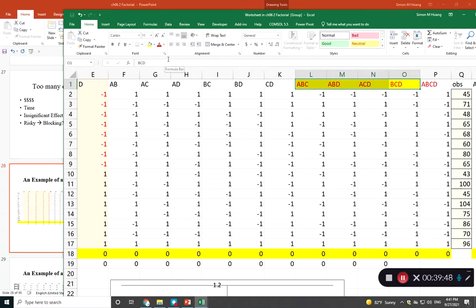Okay, so how many 2-way interactions for 4 factors? C(4,2) is 4 factorial divided by 2 factorial times 2 factorial, which is 4 times 3 divided by 2. 12 divided by 2, 6. So 6 two-way interactions. And how to figure that out?